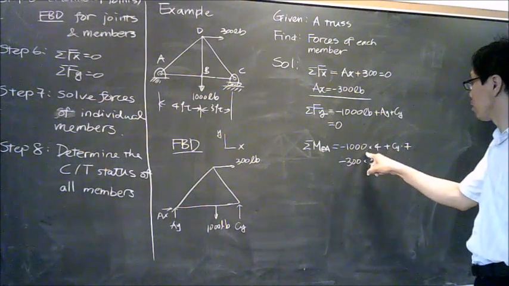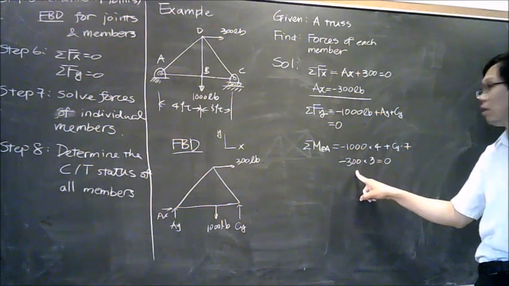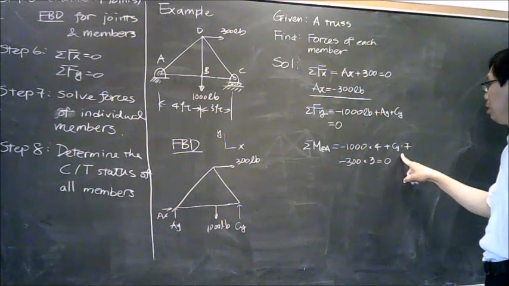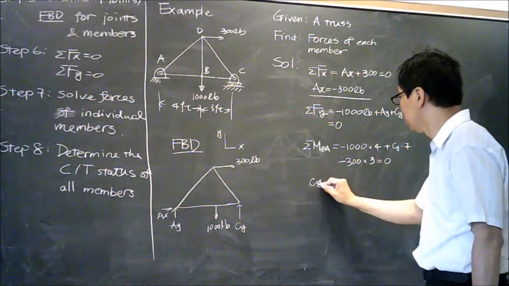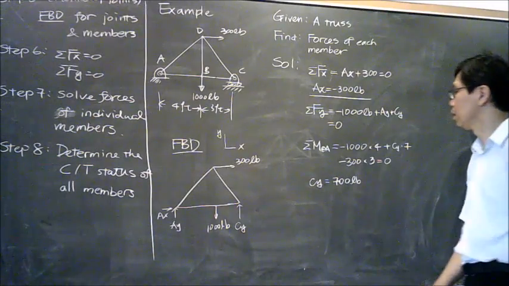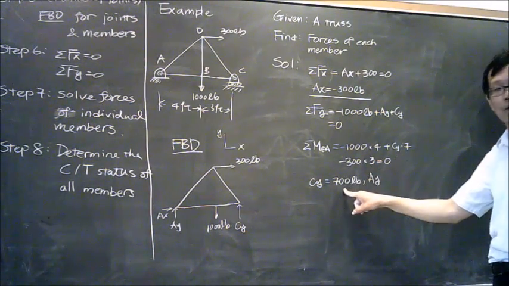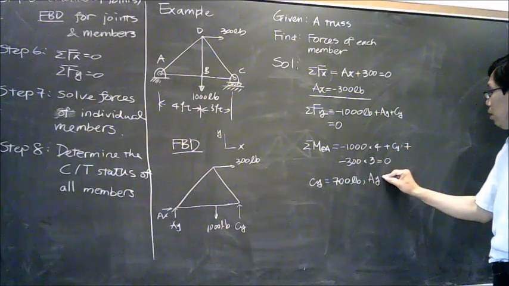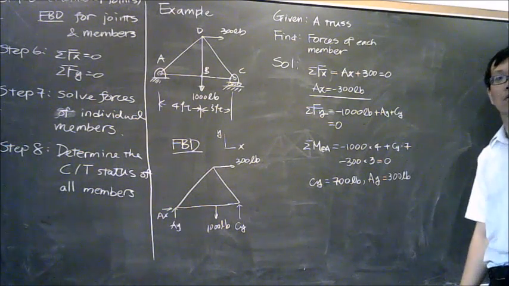It's going to be 4,000 plus 900, so 4,900 foot-pounds, and this is 7 feet, which yields Cy. If you know Ay equals 700 pounds, Ax equals 300 pounds.